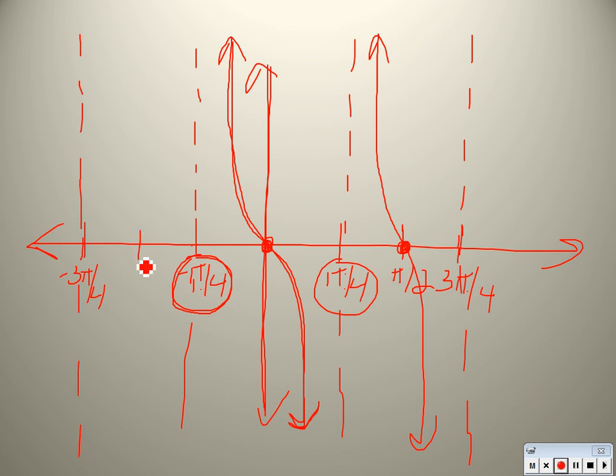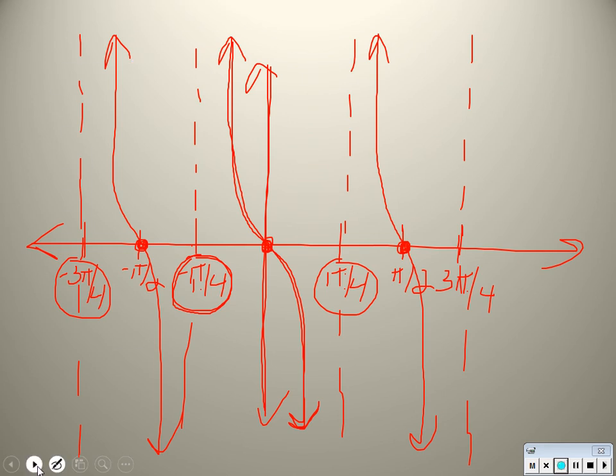The midpoint between negative 3 pi over 4 and negative pi over 4 would be negative pi over 2, and that's where my x-intercept would go, and then I would draw that tight chair shape through the point. I could continue this in both directions by taking the asymptotes on the far left and far right, adding pi over 2 to those again, and using those to graph another full cycle. So that's the tangent graph.